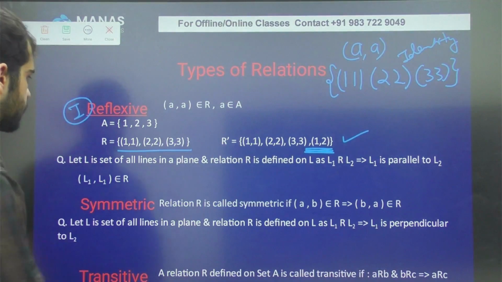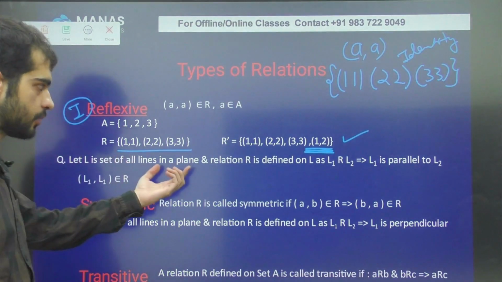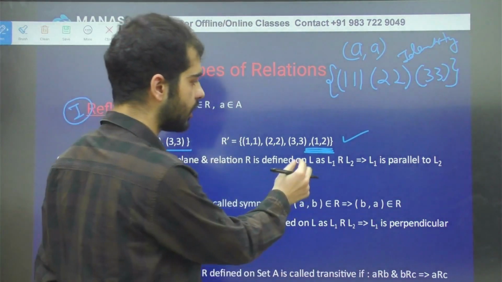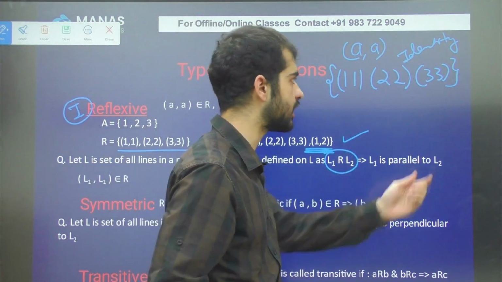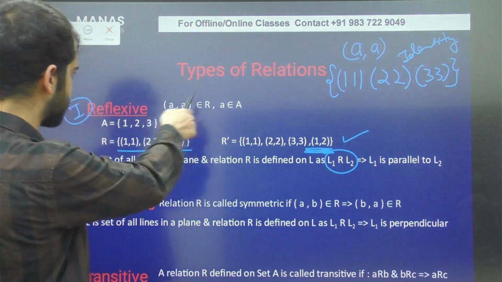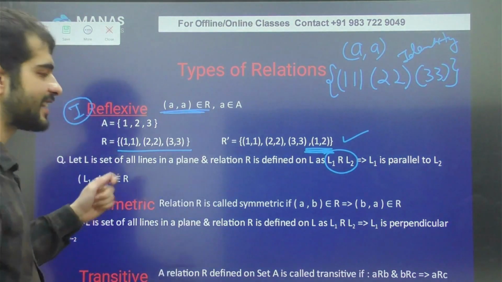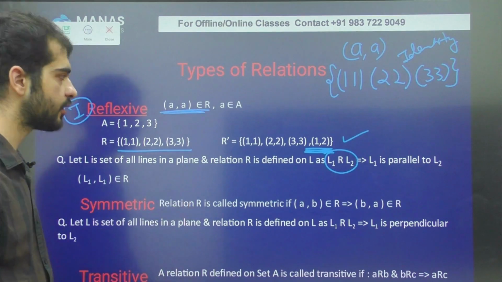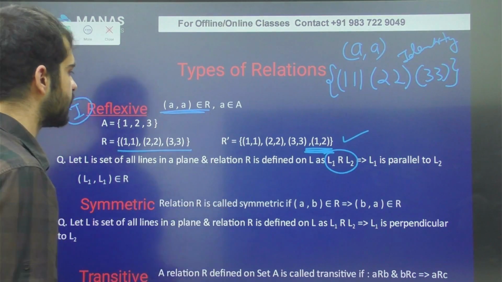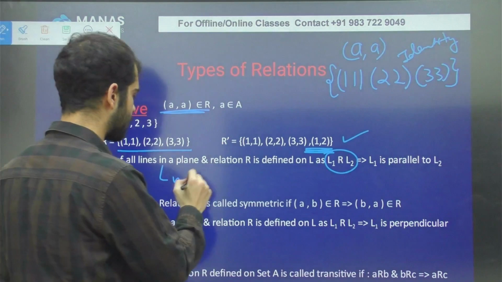Now let's solve this question. Let L be a set of all lines in a plane and relation R is defined on L as L1 relation L2, which says L1 is parallel to L2. If we follow that reflexive condition, is L1 parallel to L1? Obviously. Is L2 parallel to L2? Yes. Is L3 parallel to L3? Similarly, Ln is also parallel to Ln.